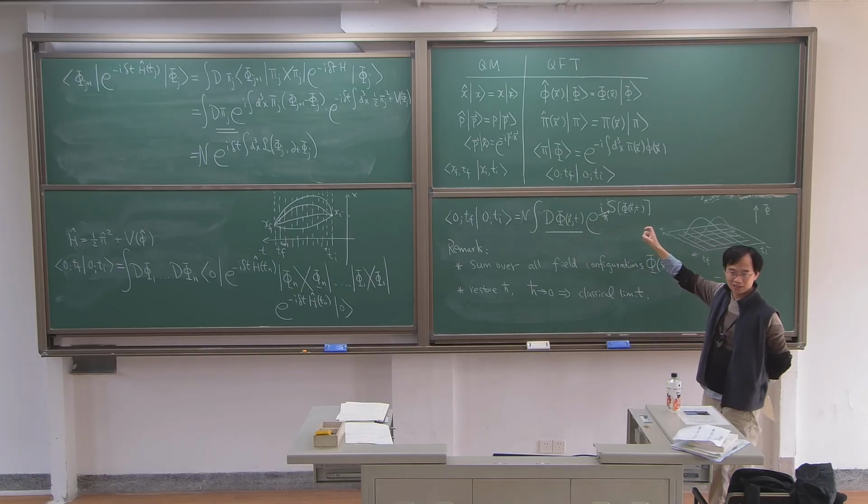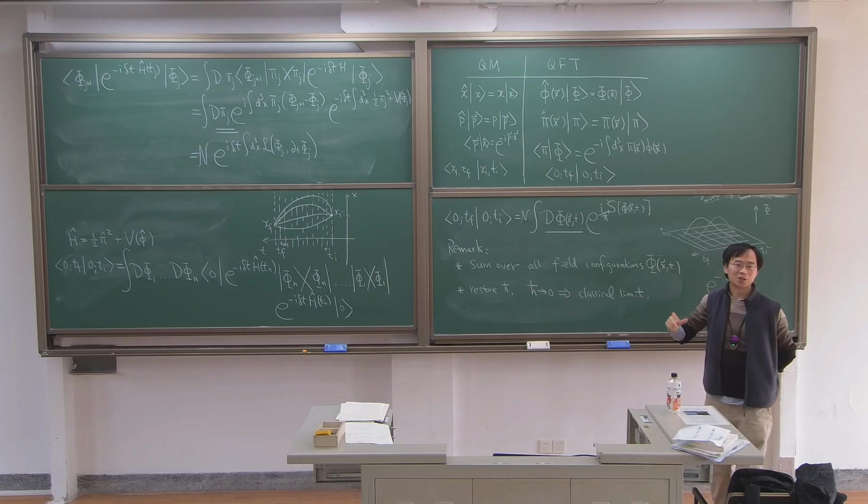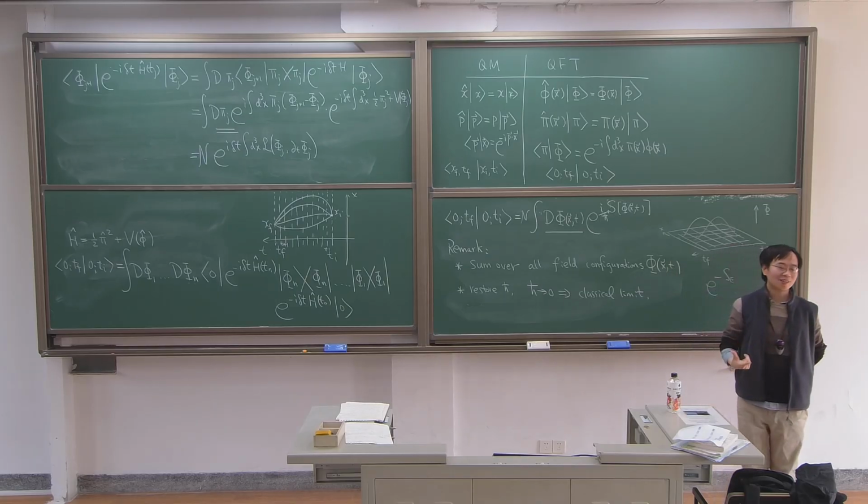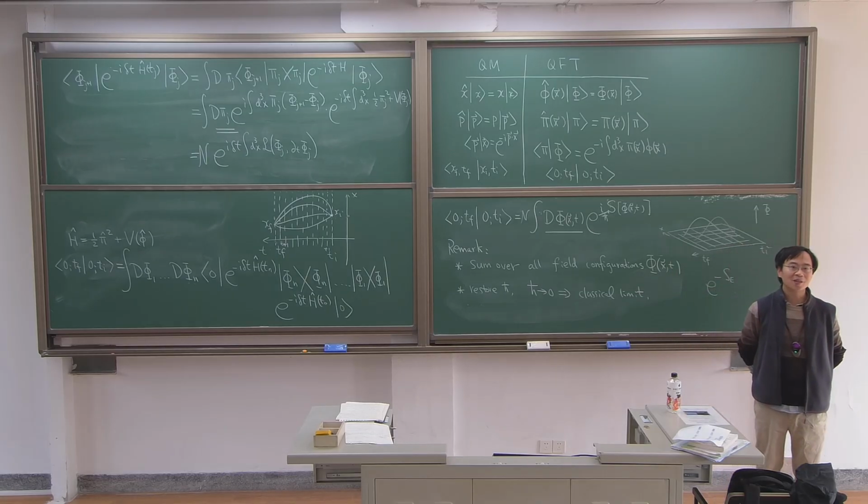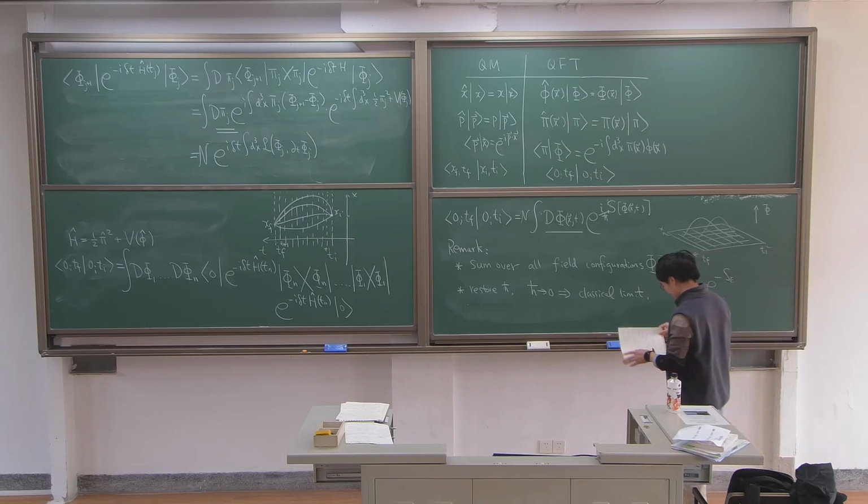So when h bar goes to zero and you do the saddle point approximation, you realize that the dominant configuration it picks up is nothing but the one that satisfies the equation of motion, because this is delta S over delta phi equals 0.